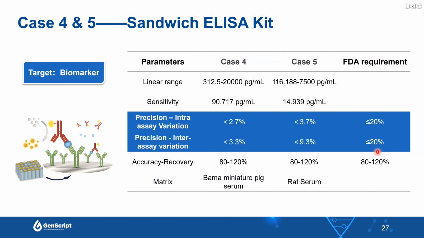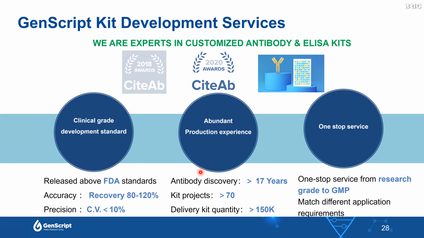In summary, we are experts in customized antibody and ELISA kit services. We deliver customized ELISA kits with high quality. We are an award-winning customized antibody supplier. We follow the stringent clinical FDA-grade development standard. Our kits release above the FDA standard.